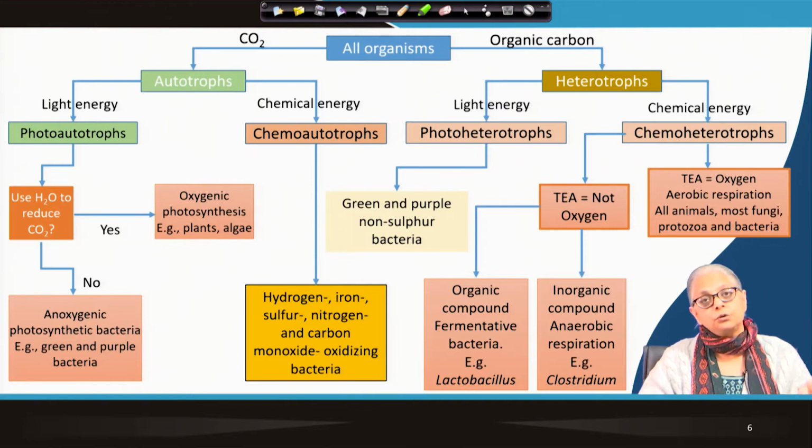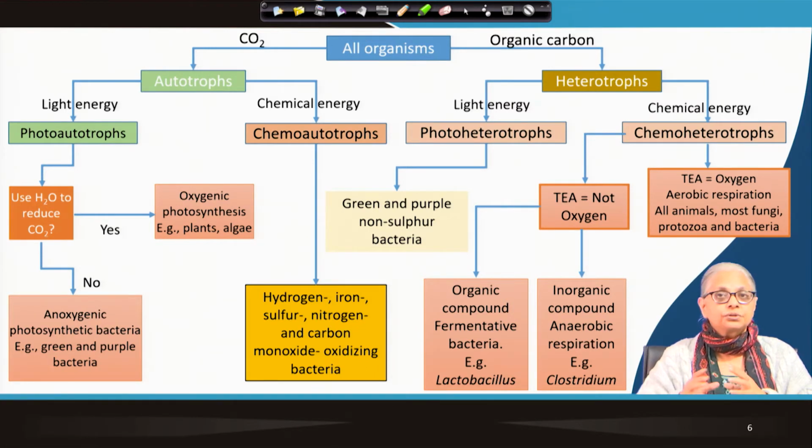So the plants around you as well as the algal cells are all organisms that are capable of oxygenic photosynthesis.